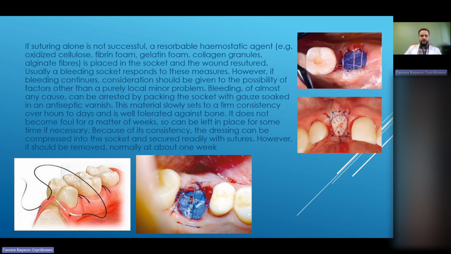It does not become hard for a matter of weeks, so it can be left in place for some time if necessary. Because of its consistency, the dressing can be compressed into the socket and secured readily with sutures. However, it should normally be removed at about one week or even two. It depends.